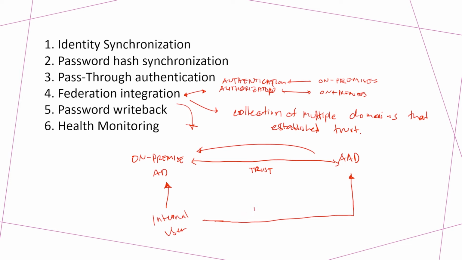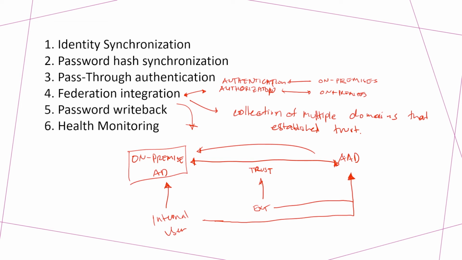If an external user, let's say, tries to log into a web application, that user can go to Azure AD at the same time to the on-prem AD for authentication. So there's no sync going on here. Azure AD is not passing through authentication here. So yeah, it's more of a federated environment kind of thing.